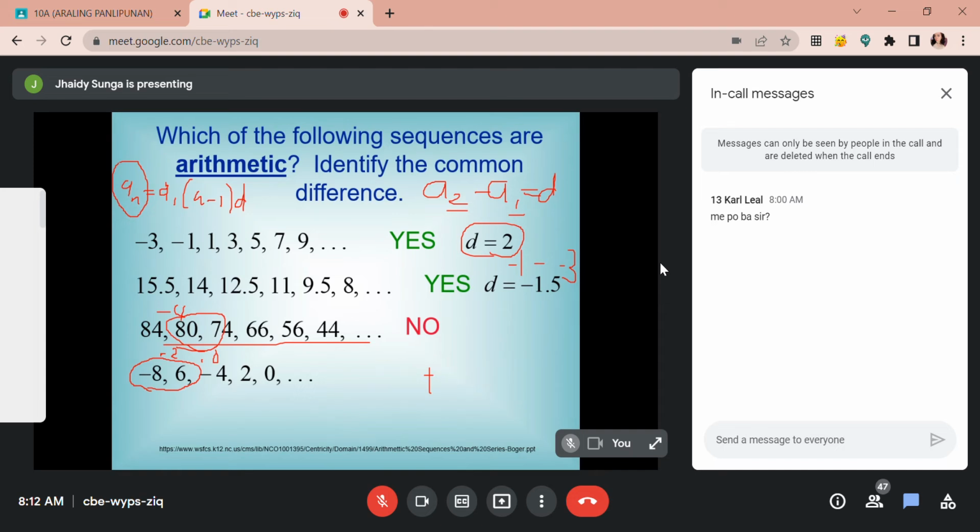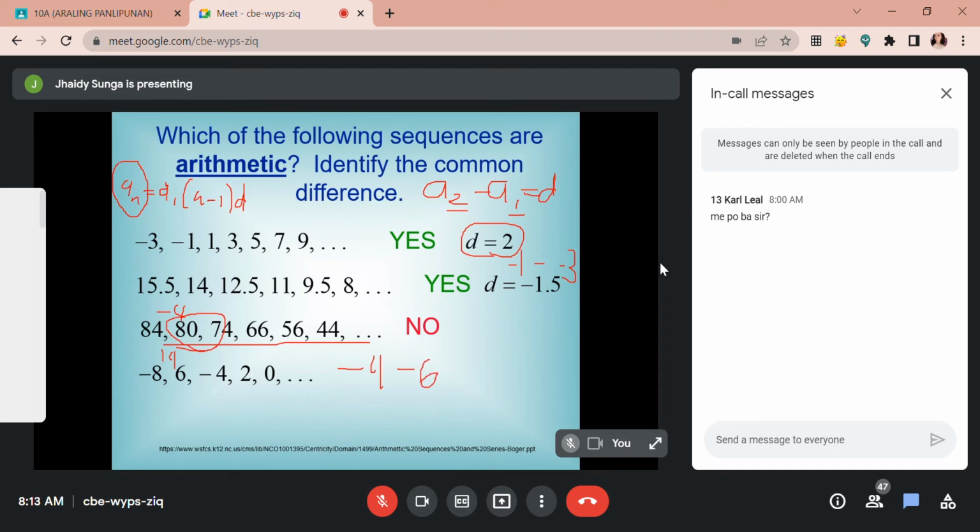So if we have this 14, we will be having -4 minus 6.